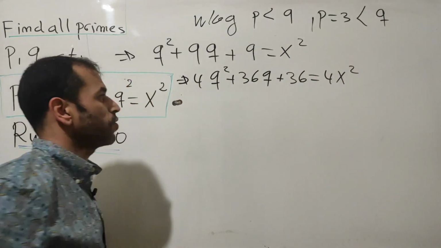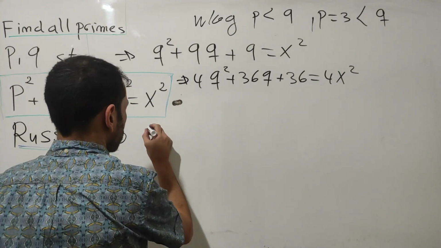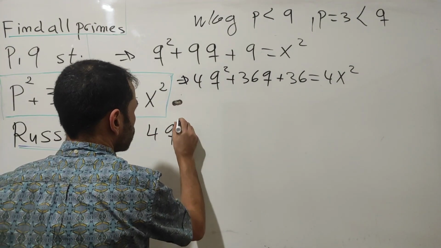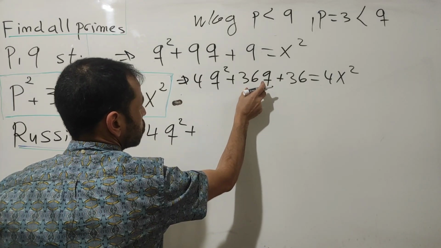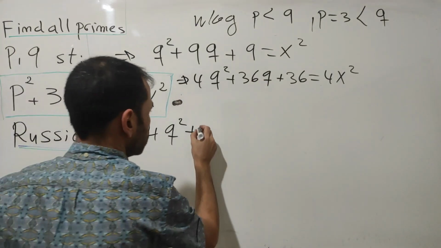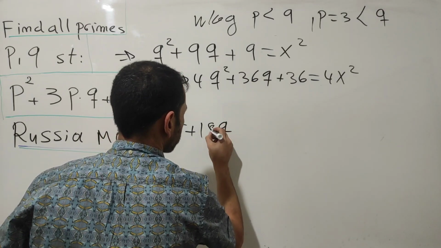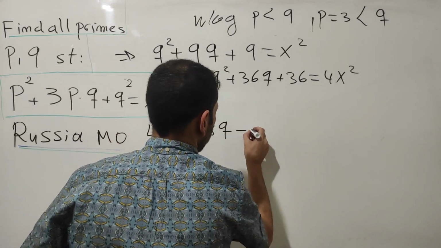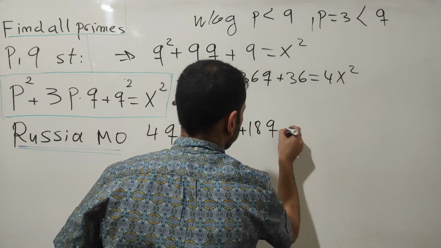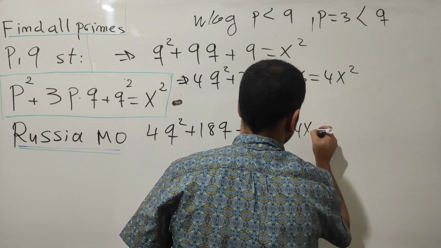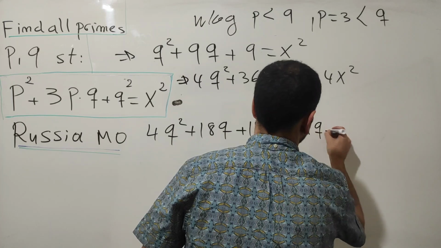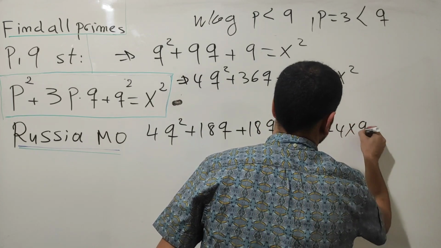I'm going to take everything to one side. So I get the following: 4q squared plus, I'm going to split this one into 2 terms, 18q plus 18q, plus 4xq minus 4xq.